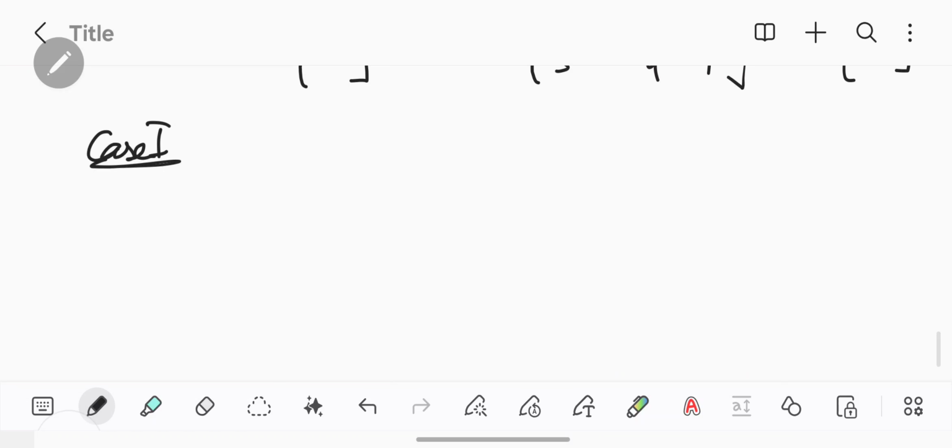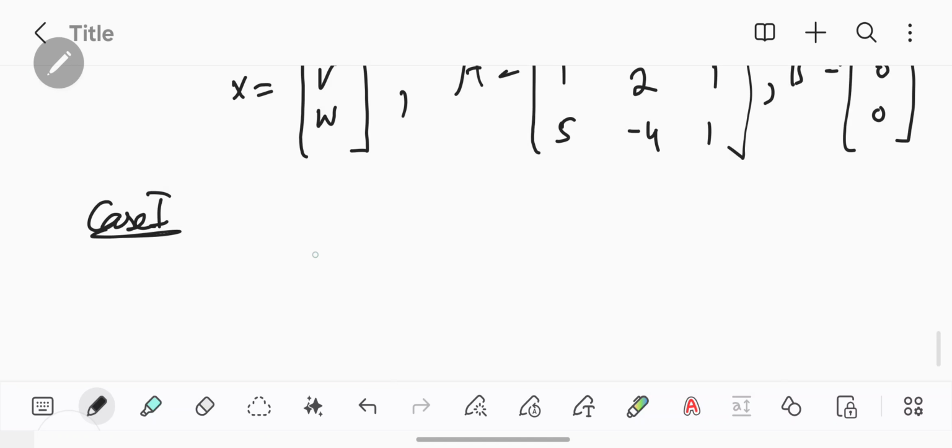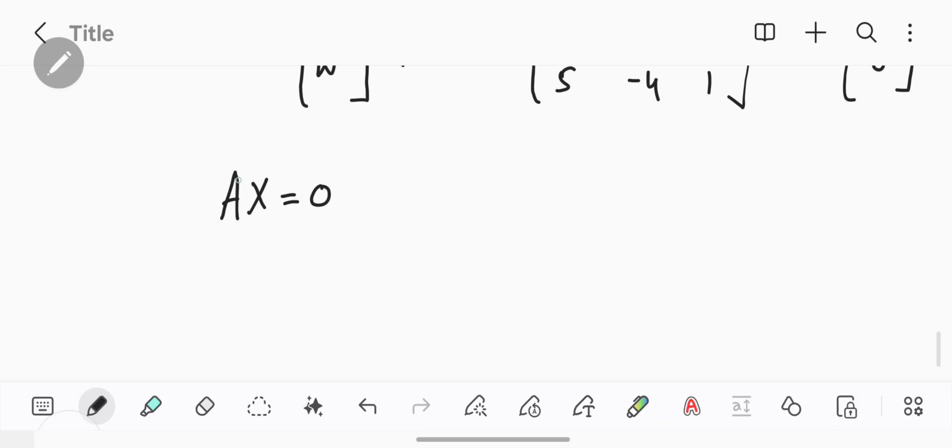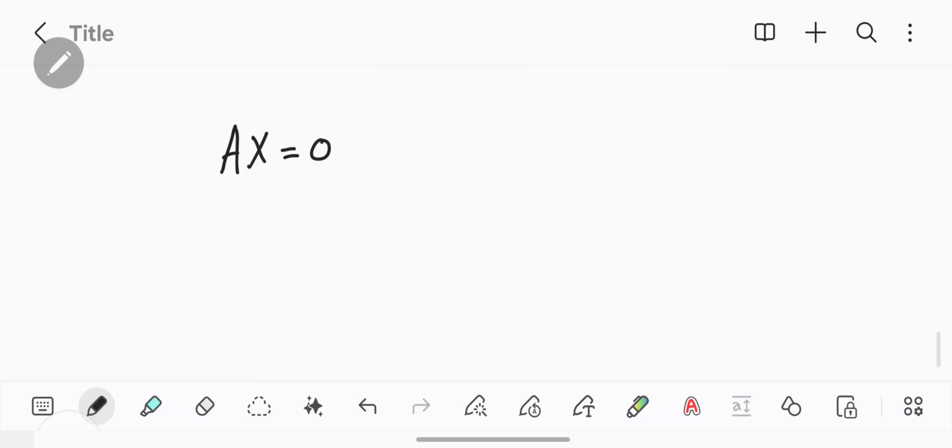The homogeneous system, so we have two cases. Since the homogeneous system is Ax equal to 0, that means this is one matrix, this is another matrix. The product of two matrices is 0. So what is the possibility? We have two cases.